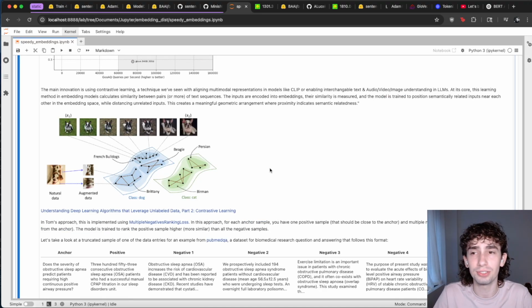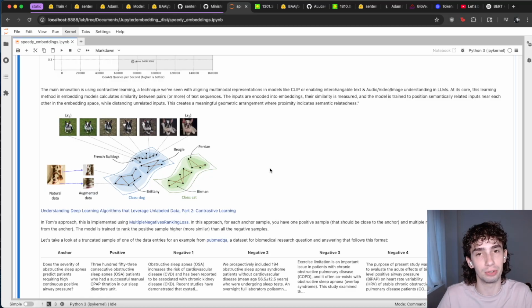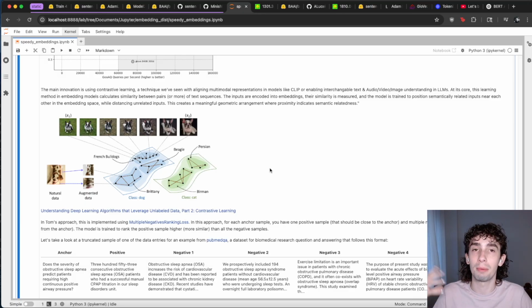What we mean by this is that essentially the learning method is that the embedding model is going to calculate the similarities between pairs or more of text sequences. And the inputs are then going to pass through the model, be encoded into embeddings. We're going to contrast these examples and their similarities together. And over time, we'll try to position more similar things together while pushing away unrelated inputs.